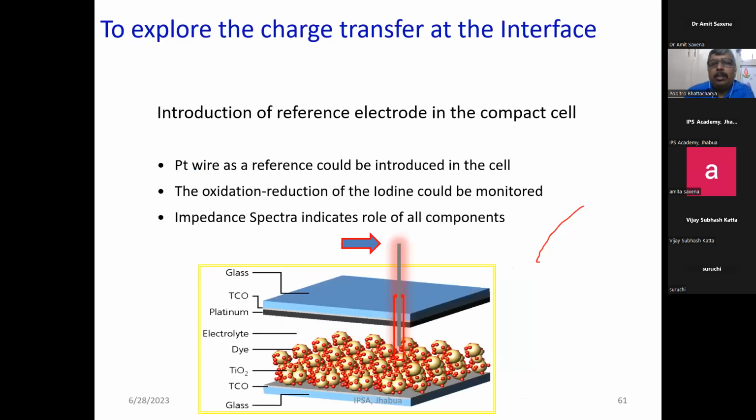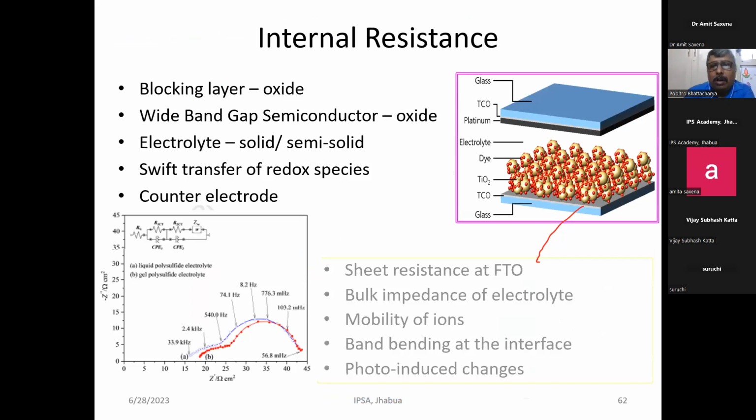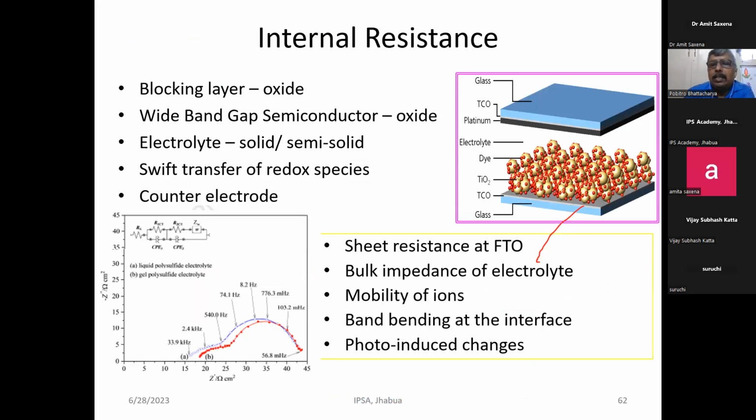To explore all these, impedance by putting a probe inside, and what I now feel is that yes, the band bending at the interface is very important, and second, the impedance. That is in fact the important part, and that is the interface that needs to be explored and understood.